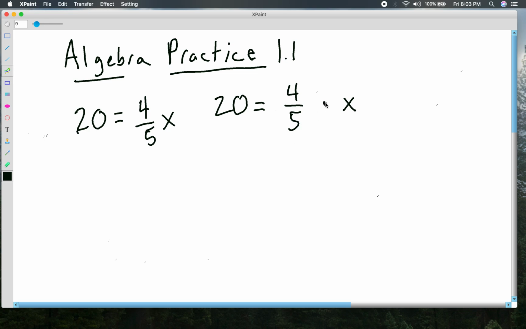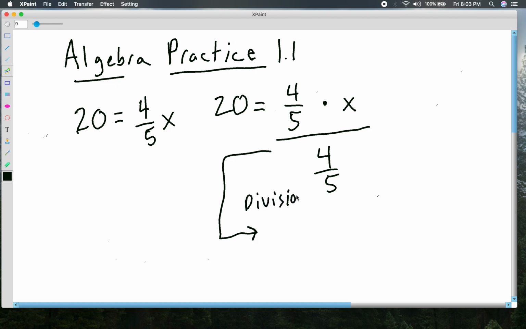So I literally have to divide 4/5 times x by 4/5. Oh my, that's scary. Yeah, 4/5 divided by 4/5. But what we've learned, division of fractions, is basically multiplying by what's called the reciprocal. And we did that earlier, except now it's just more clear.